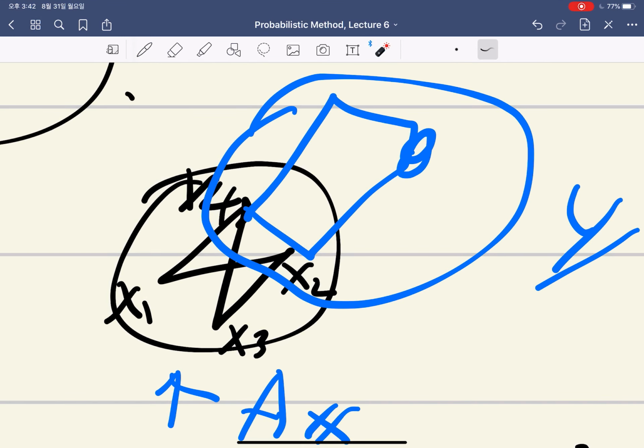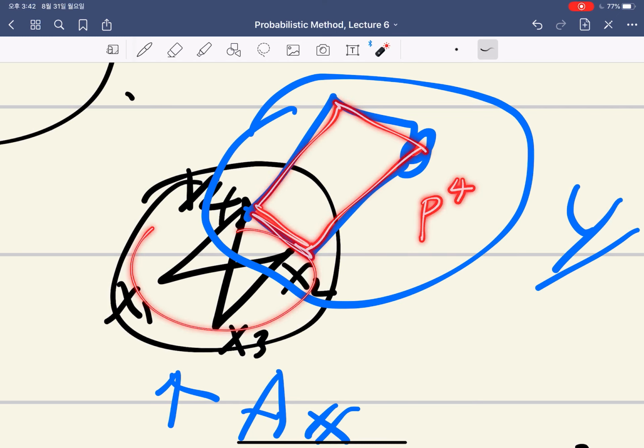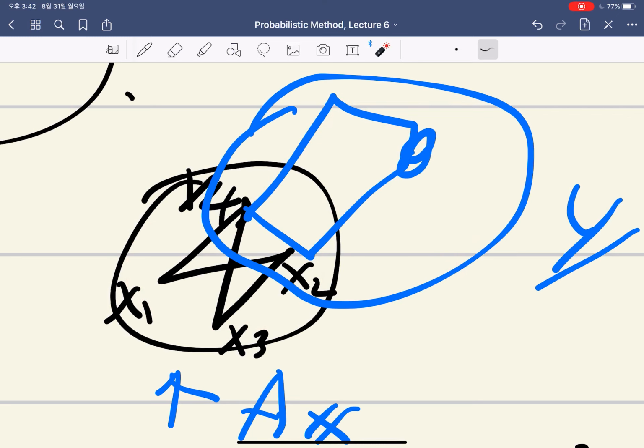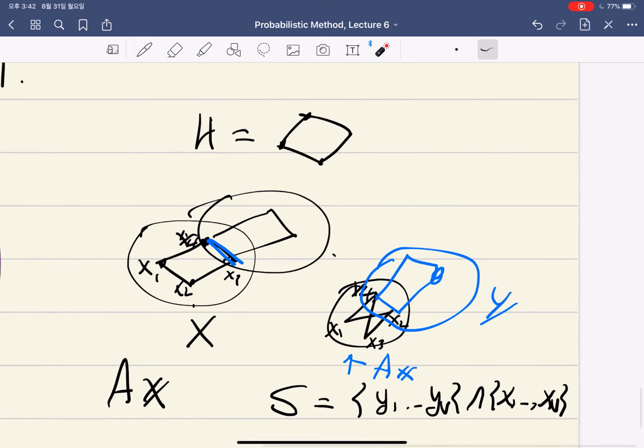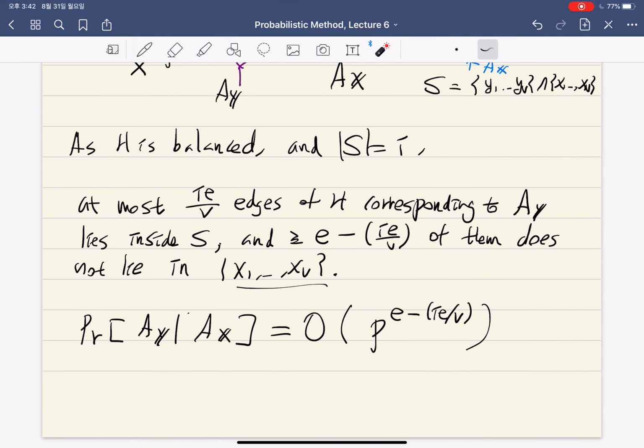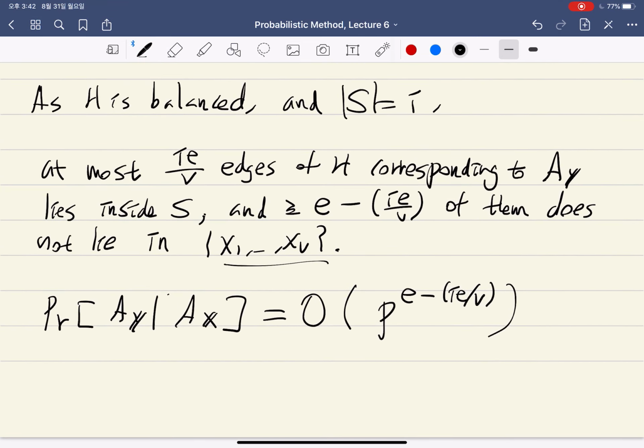So in the Y case, we actually have to have this P, this P, this P. And if this happens, then this also has to be here. So this is P to the 4 instead of P to the 3. But this additional one only lowers the probability. So this still holds. So this is the upper bound. So we have this.